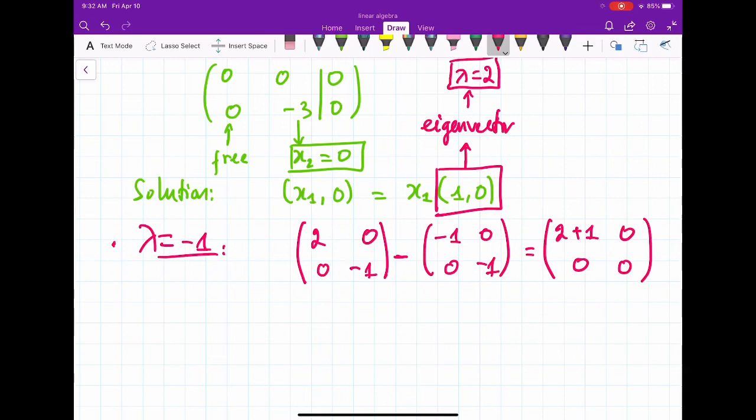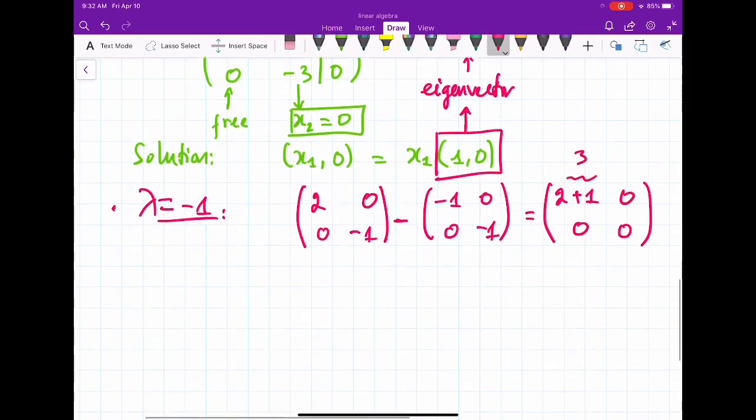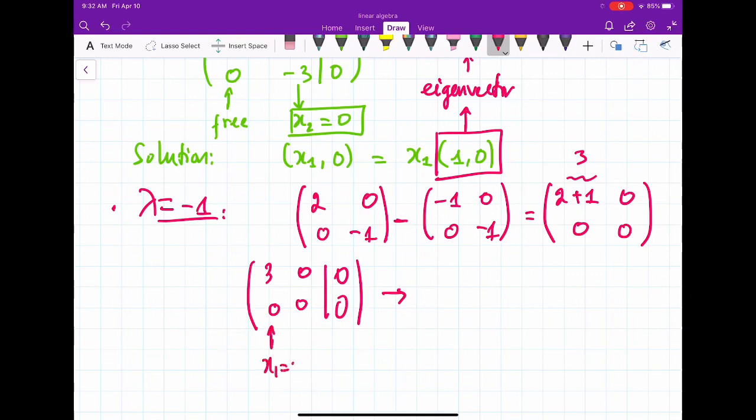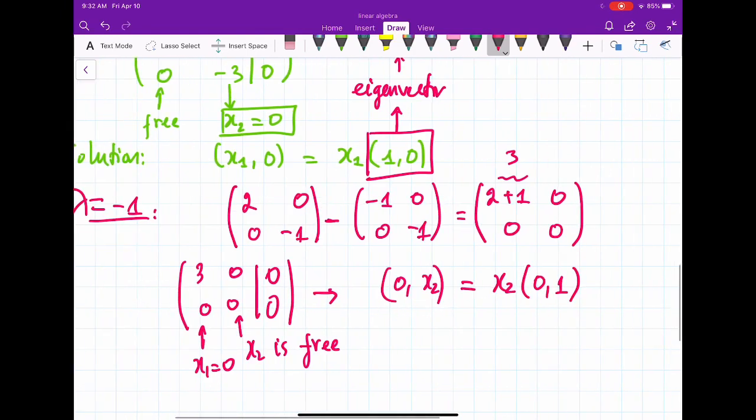And that is just 0. So you have a homogeneous system, 3, 0, 0, 0, and you solve this. This should be x1 equal to 0, and x2 is free, right? So you have the solution x2 times the vector 0, 1. This vector is the eigenvector corresponding to lambda equal to negative 1.